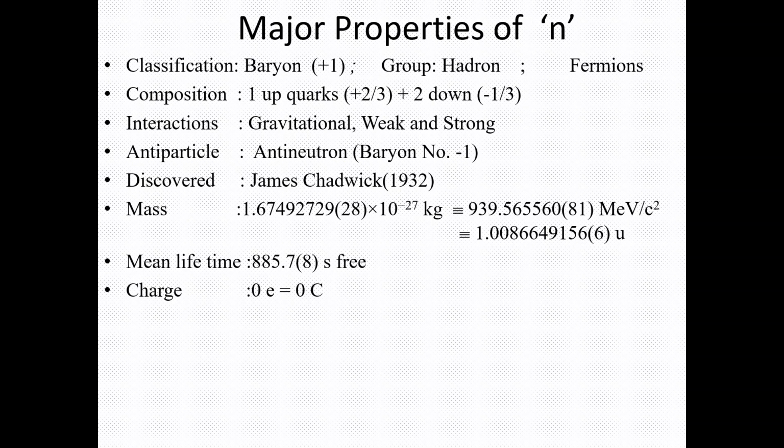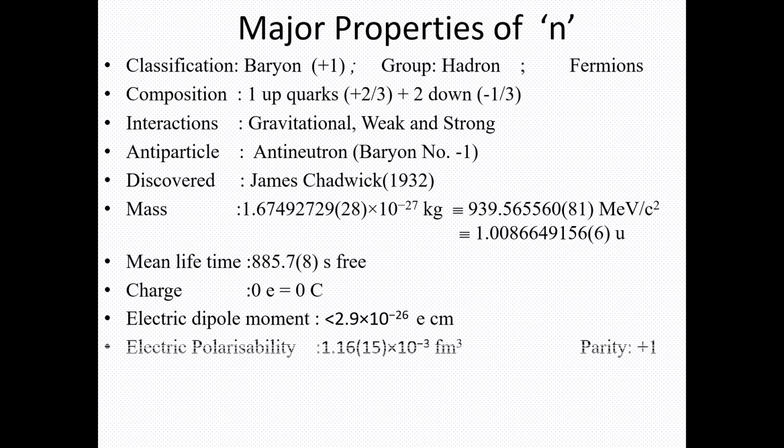So the neutron is not a stable particle as compared to the proton. The charge of the neutron is zero, or we can say that the neutron has a net charge equal to 0. Electric dipole moment is smaller than 2.9 into 10 raised to the power minus 26 electron centimeter. Electric polarizability is equal to 1.16 into 10 raised to the power minus 3 femtometer cube. Parity is equal to +1.